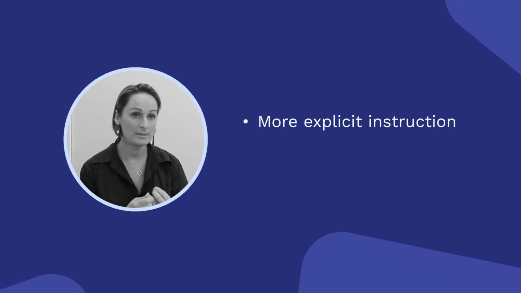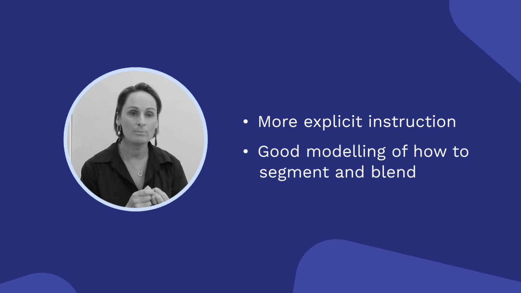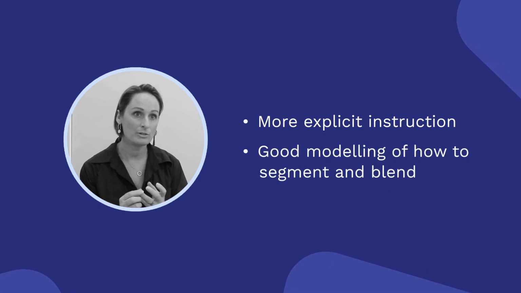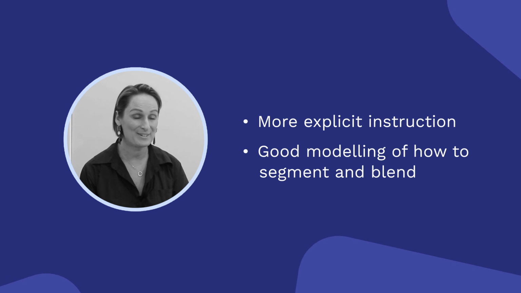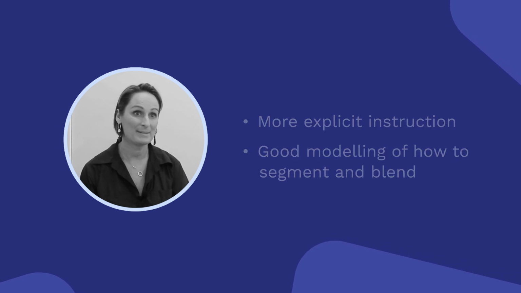That requires more explicit instruction and really good modelling of how to read the word and how to segment and blend it. So you'll still use your segmenting and blending skills when you read a high frequency word, but in order to be able to read the word correctly the first time, it's important that it is modelled and taught explicitly.